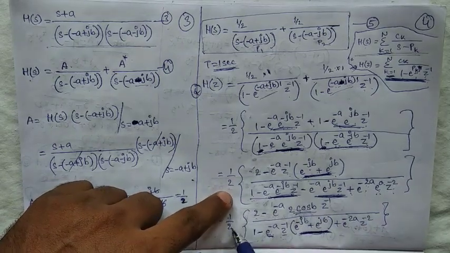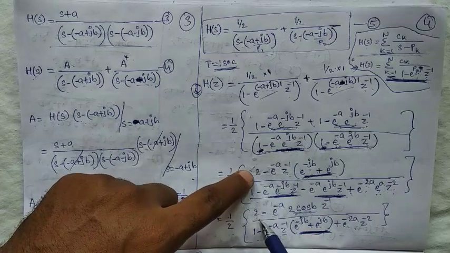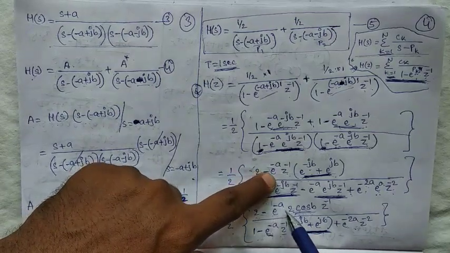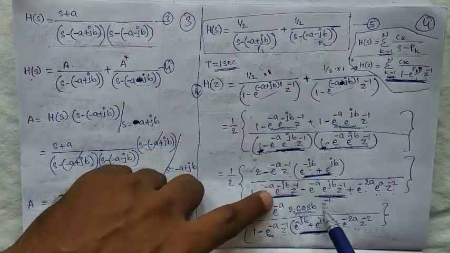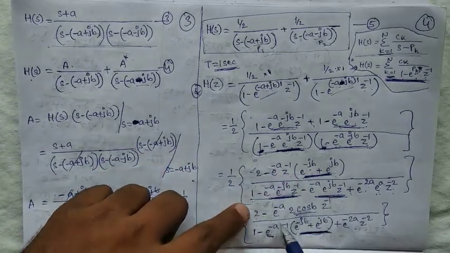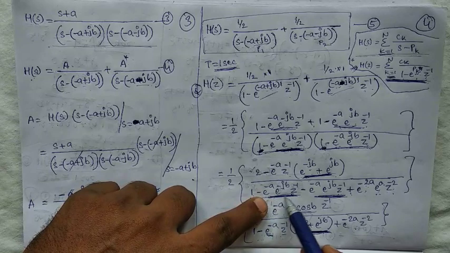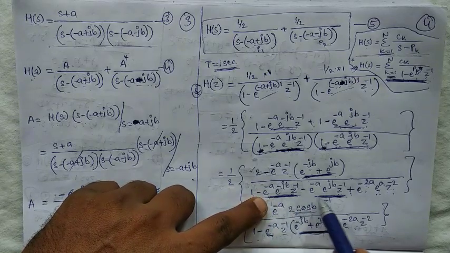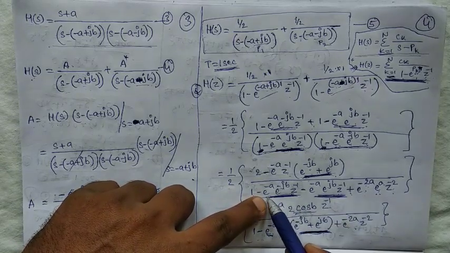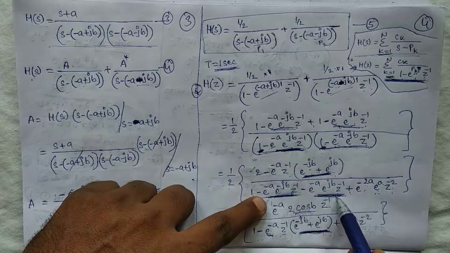Okay, here 1 by 2 of (2 minus e power minus a 2 cos b into z power minus 1) by, in the denominator also 1 minus. We are taking common in these two terms minus e power minus a into z power minus 1.